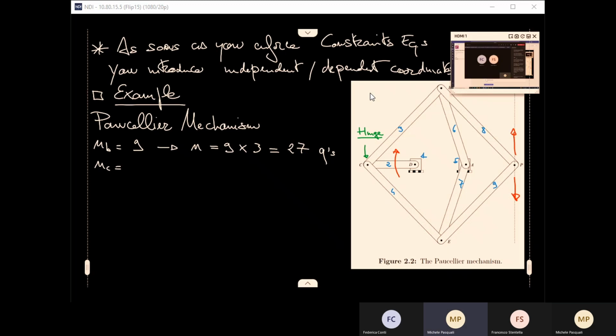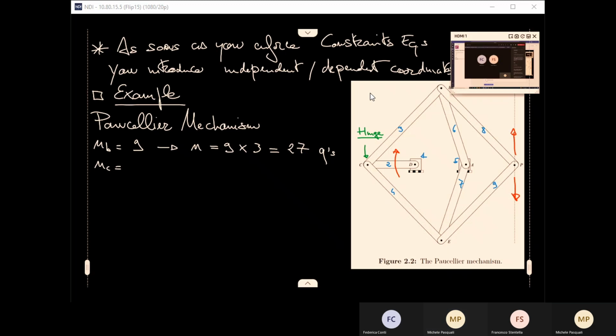If I say that body 3 and body 4 must be hinged at C, and body 3 and body 2 must be hinged at C, is it really necessary that I add the third couple, saying that 2 and 4 as well must be hinged at C? No, right? Is this clear? So it means that out of these 6 constraints, which in principle I should enforce, actually only 4 of them are independent, because the other 2 just follow, and can be rewritten in terms of the previous 4.